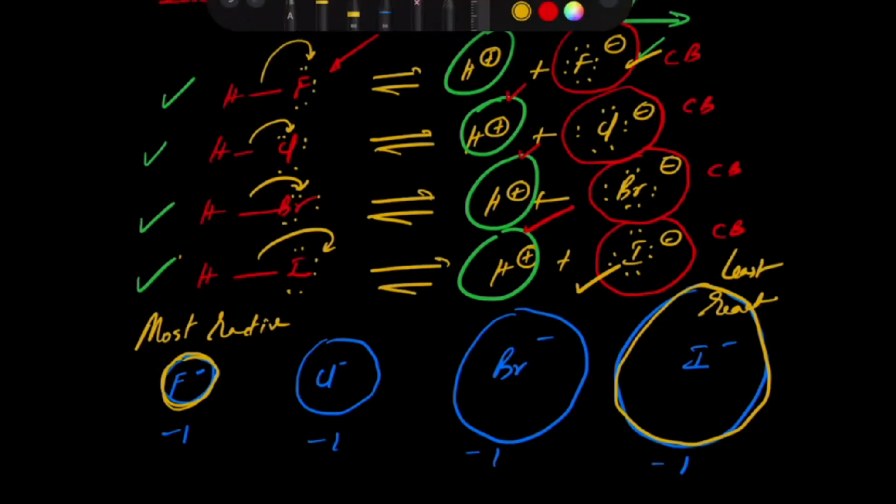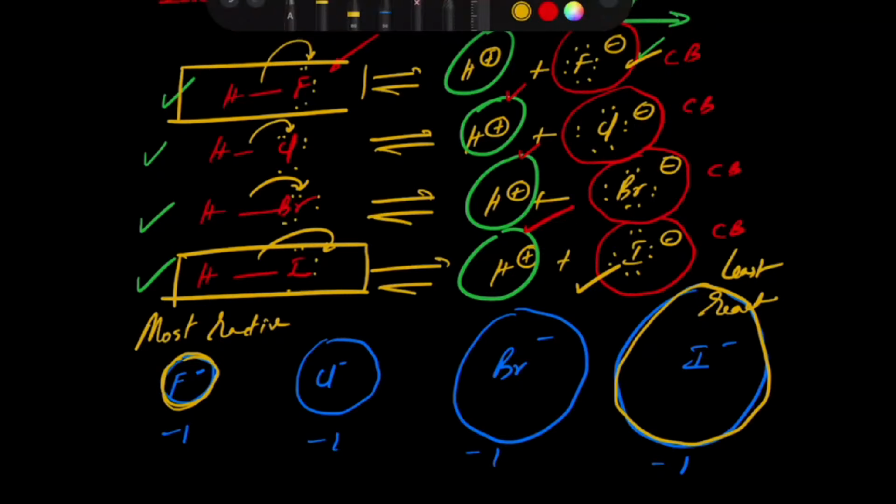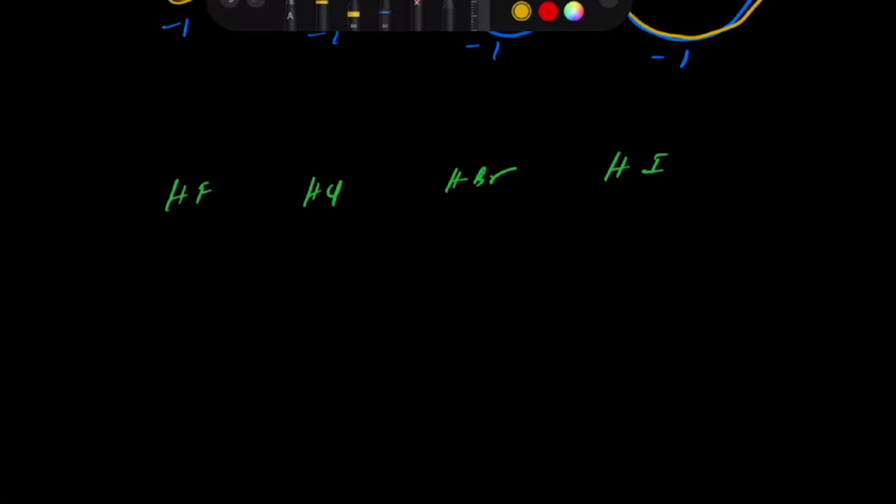So which will be more willing to go to the right? HI. Which is the least among these to go to the right? Least willing? HF. So if you look at the acid strengths of HF, HCl, HBr, and HI, the acid strength of HI is highest, then it is HBr, then it is HCl, and the least is HF.